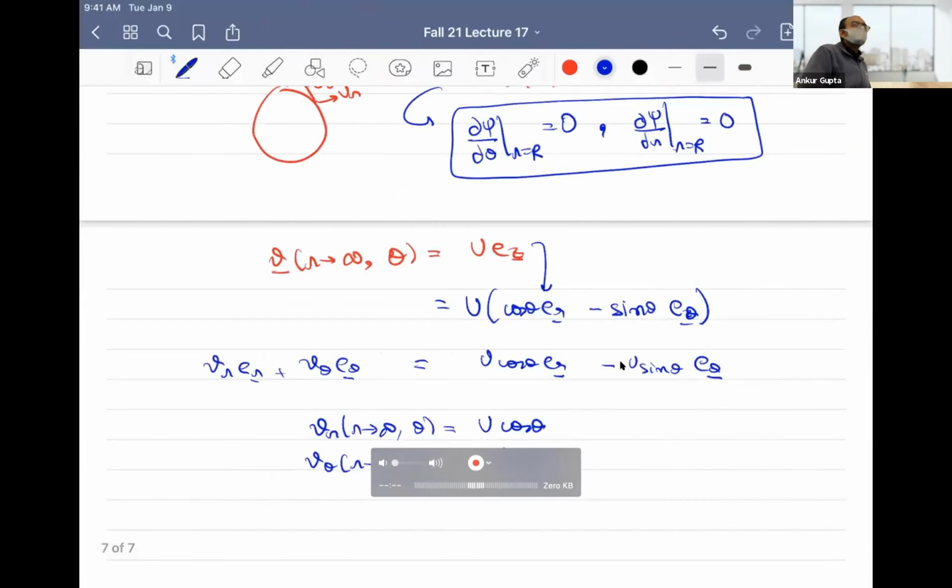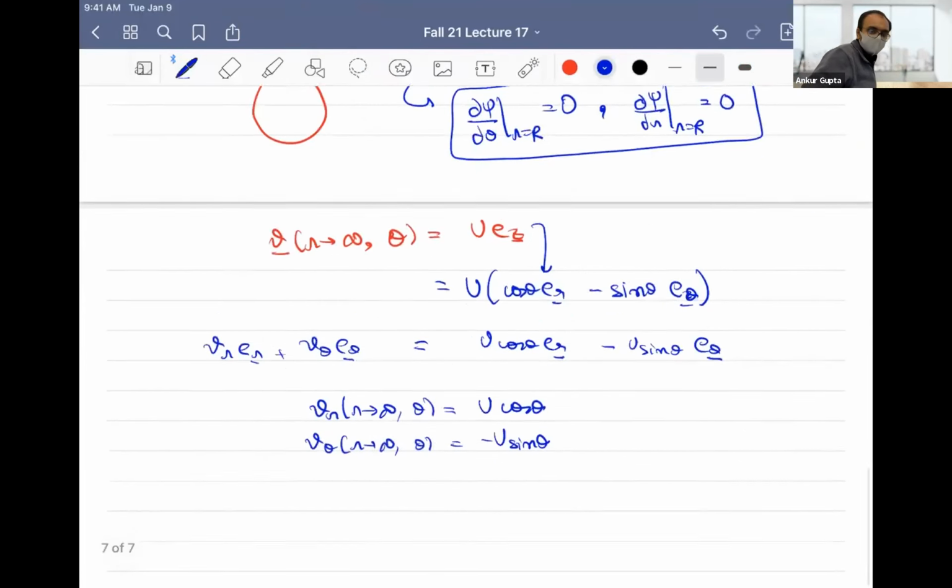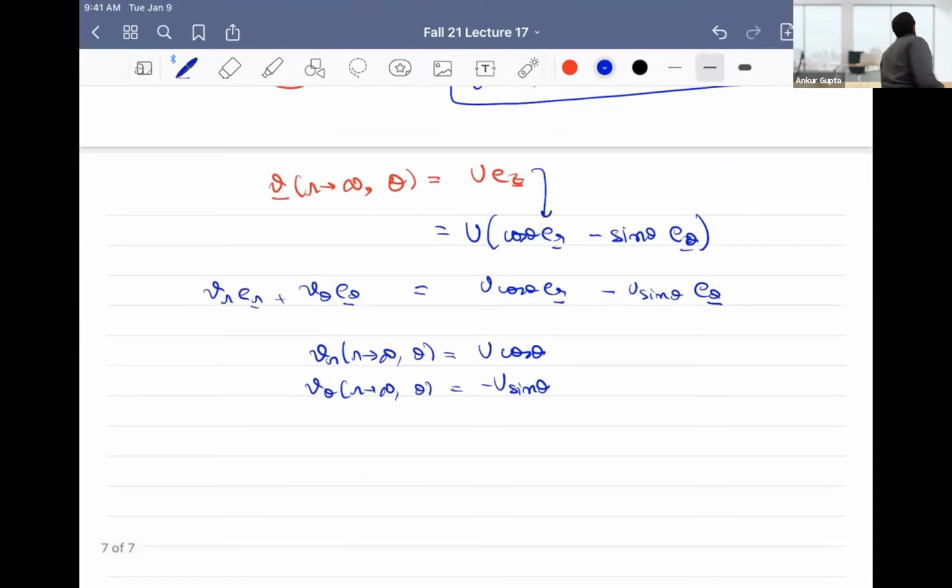And so you can compare and get to this. Any questions on this? Boundary conditions till now. It's important to see how we are switching from z to r and theta. I want to make sure it's clear. Questions?